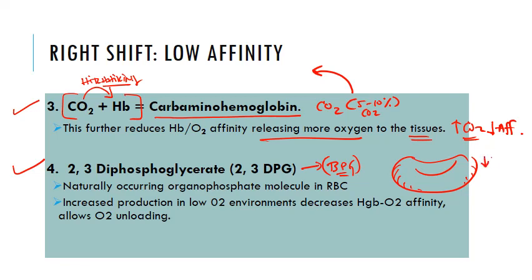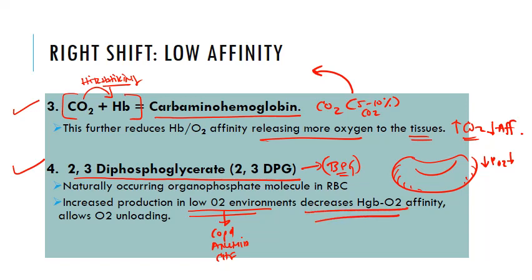When the partial pressures of oxygen are low, we find that there is more of this made, so there's an increased production during low O2 environments. We would see this in somebody with COPD, somebody with anemia, perhaps somebody with CHF, and this decreases the hemoglobin oxygen affinity, which allows for O2 unloading, which is a plus.